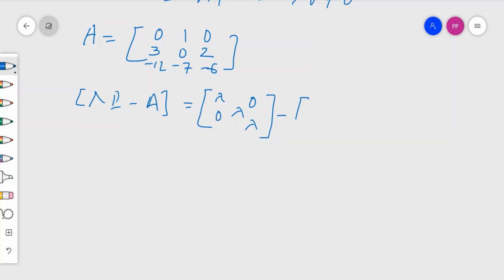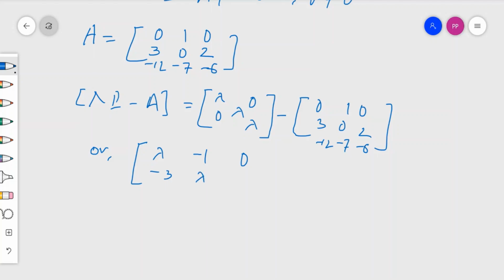Then the matrix A is subtracted from it. So 0 1 0, 3 0 2, and minus 12 minus 7 minus 6 will be subtracted from it. So we can write it as the matrix lambda minus 1 0, minus 3 lambda minus 2, and 12 7 lambda plus 6.